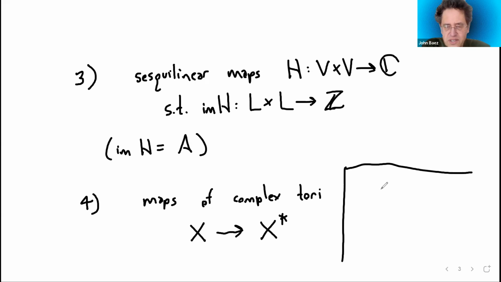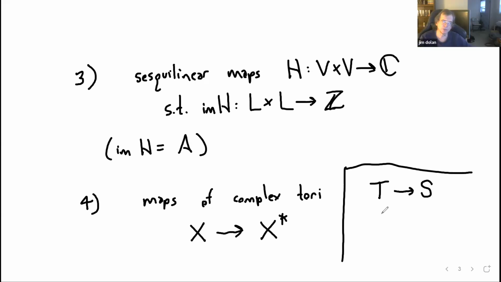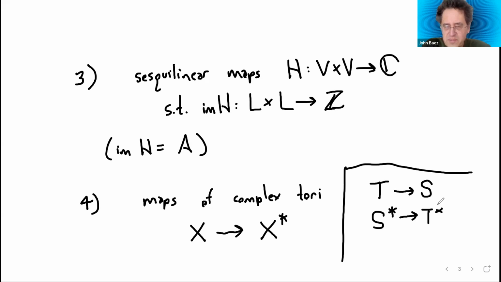If you have a map from one complex torus to another, then you can dualize it, and you can get a map from the dual of the second one to the dual of the first one. So this type of duality works like you might hope duals would.